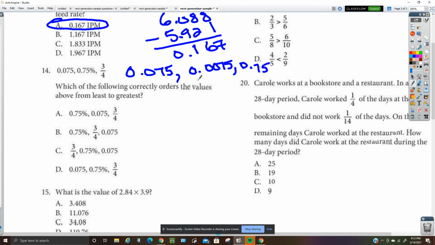So from least to greatest is 0.75%. It's this one here. This one doesn't make any sense because that's the greatest. This one doesn't make any sense because that's the greatest. And then here, this is the greatest, but 0.75% is less than 0.075. So you can eliminate these two answers because 3/4 is the greatest, and then it's between these two here.